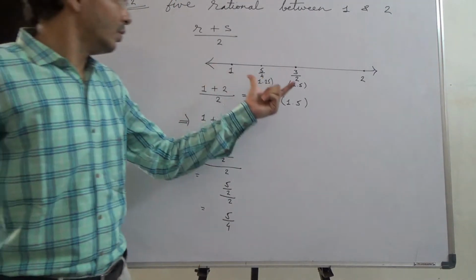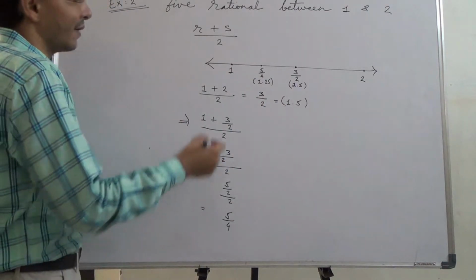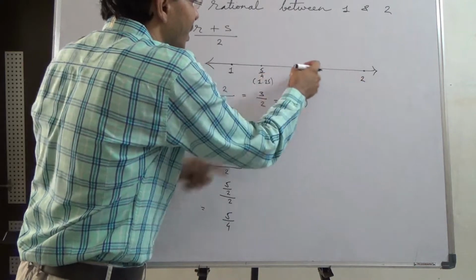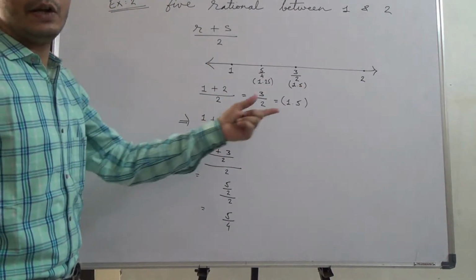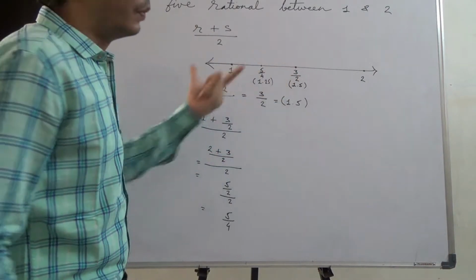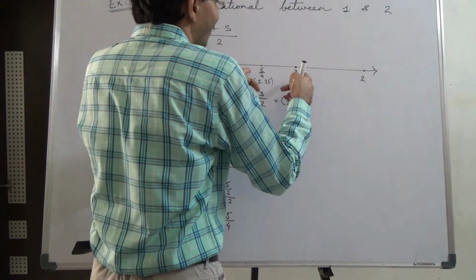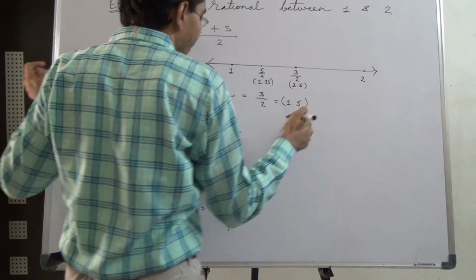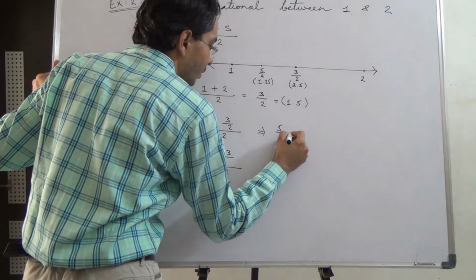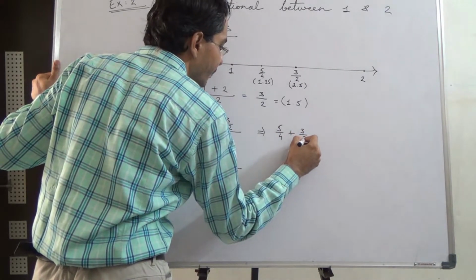Now if I want to find a number between the next two numbers, 5 by 4 and 3 by 2, it is 5 by 4 plus 3 by 2.